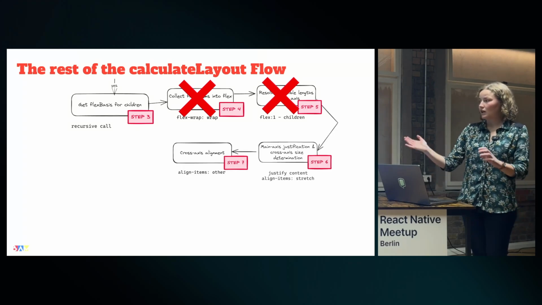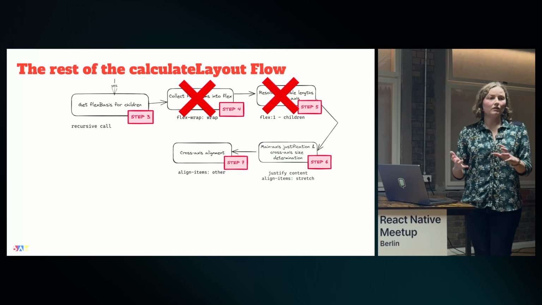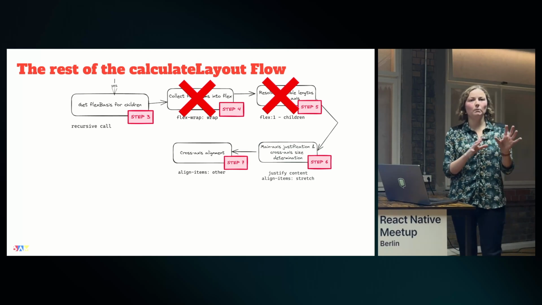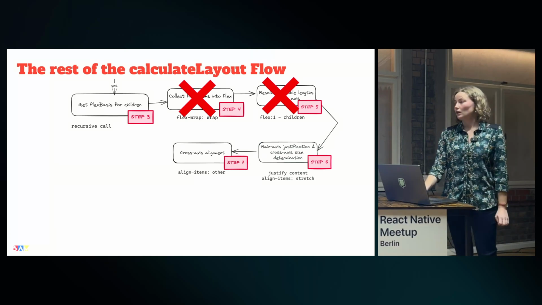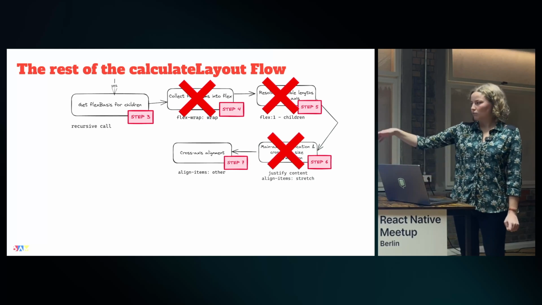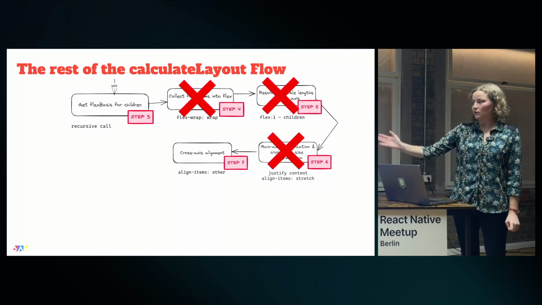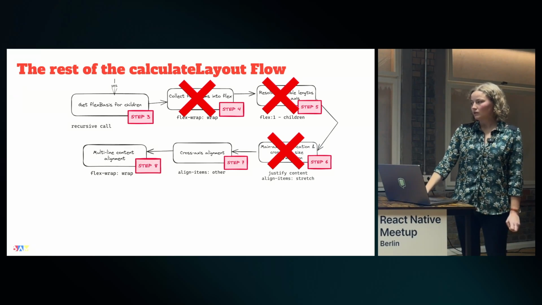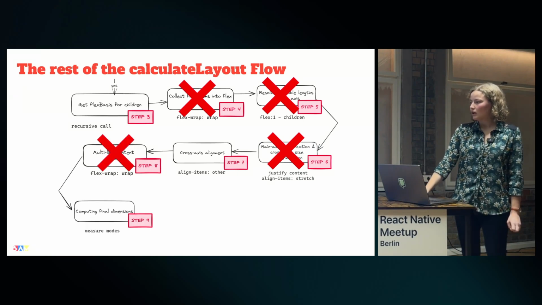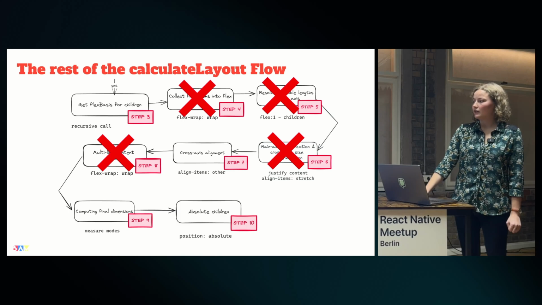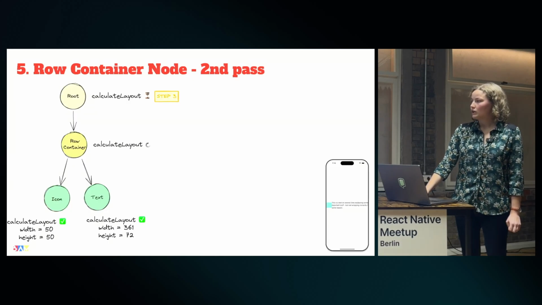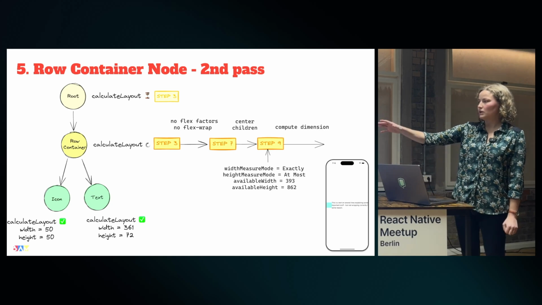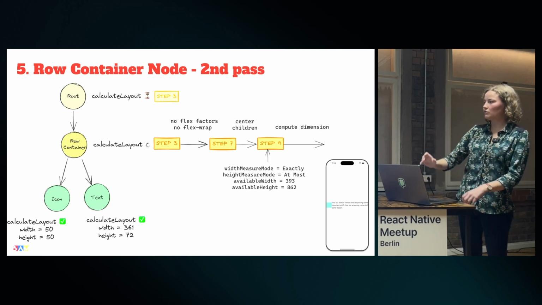Then there is the items computation. That's the first time we actually compute top and left parameters. So we don't have stretch items, but we have cross-axis alignment, so we will have to do this. Multi-line we don't have to do. Final dimension and absolute children we don't need. Okay. So we can just go from step 3 to step 7, where we center the children.